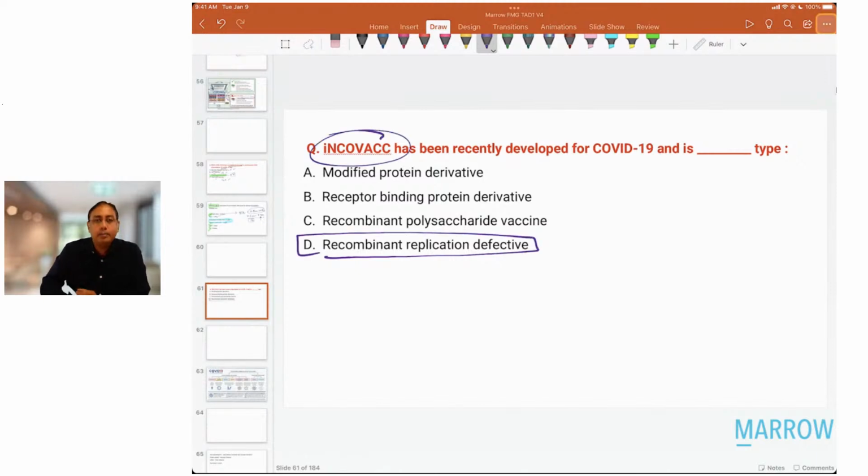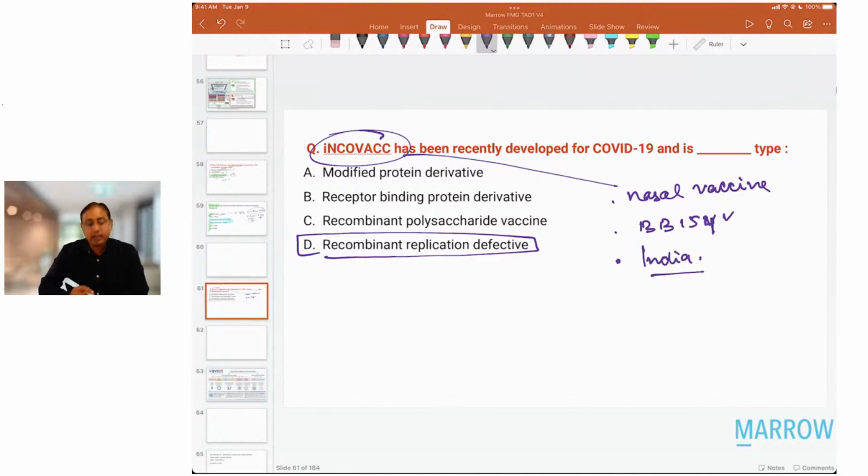Government of India is very proud to say that Incovac has been recently approved for emergency use for COVID-19 in India. Incovac is the only nasal vaccine. Its strain is the BBV154 strain. It has been produced in India by Bharat Biotech, and Incovac has been given approval for use. It is a recombinant replication defective type of vaccine.